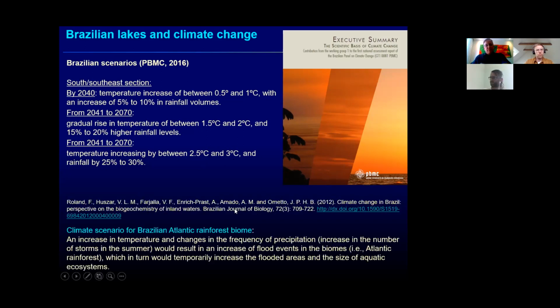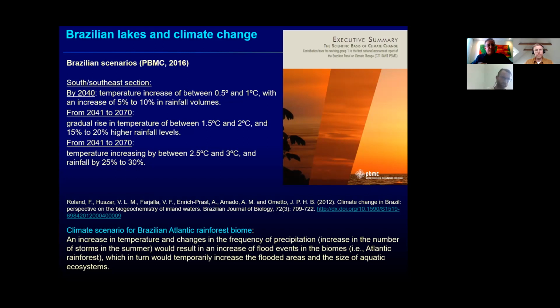Well, in an interesting paper from several Brazilian limnologists, addressing climate change from a Brazilian perspective of biogeochemistry of inland water, they came up with different scenarios for different biomes of Brazil, and particularly the biome of the Brazilian Atlantic rainforest in the southeastern coast and south coast of Brazil, where I live.